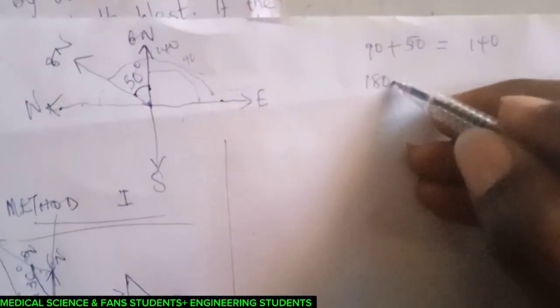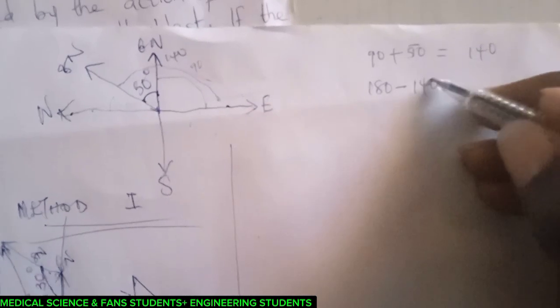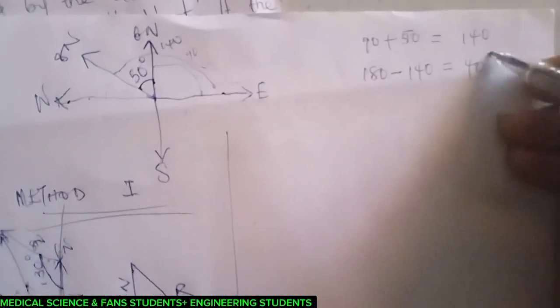Now, everything from this point is the second quadrant. It enters the second quadrant. From here to here is 180. So I say that means everything here is 140. So getting here is 180 minus 140, equals 40 degrees.